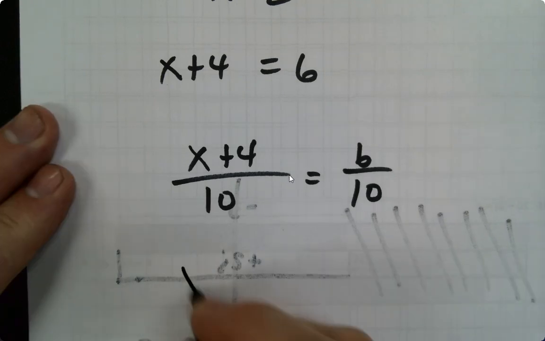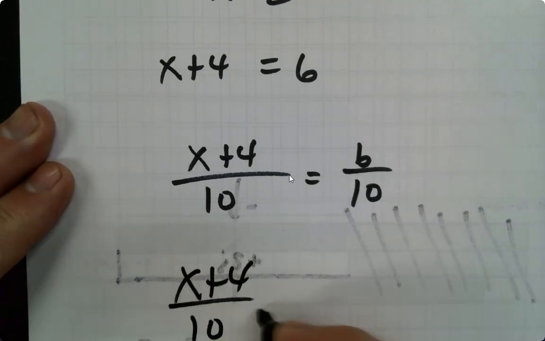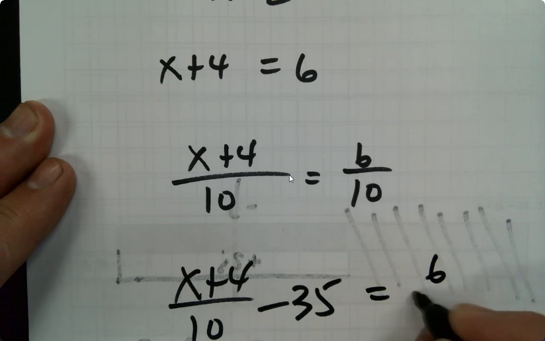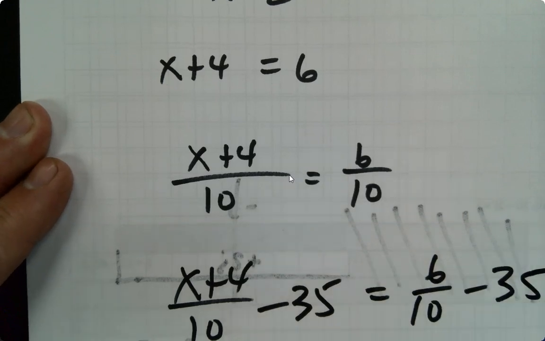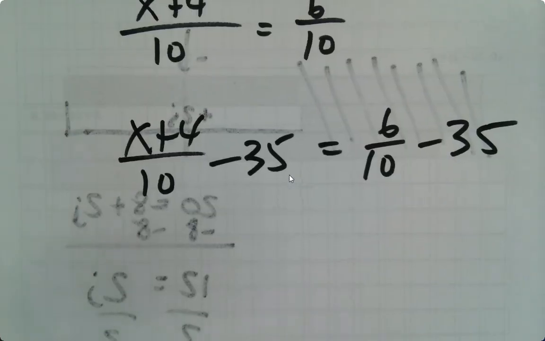Could I then do this? Why? It's a great question. I would never dream of doing this, but have I done anything illegal mathematically? I did the same thing to both sides of the equation.